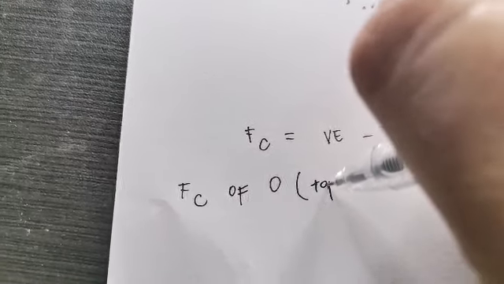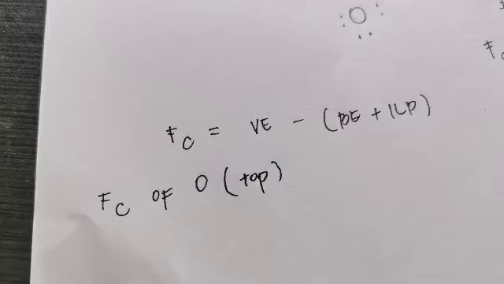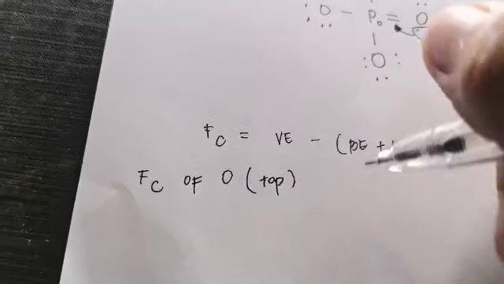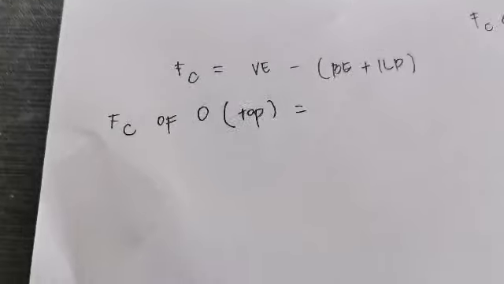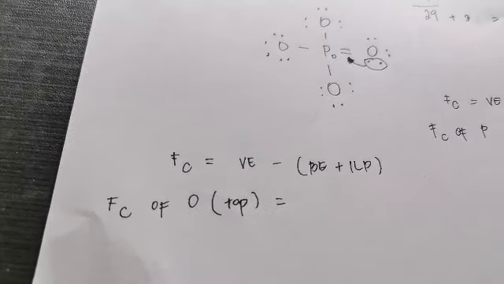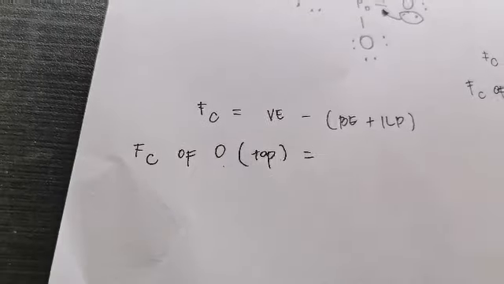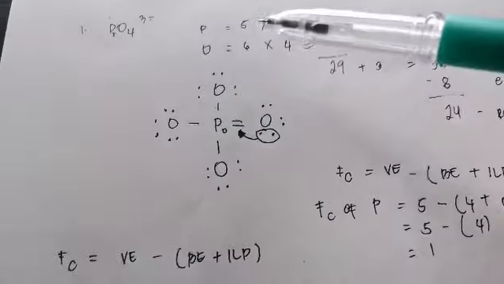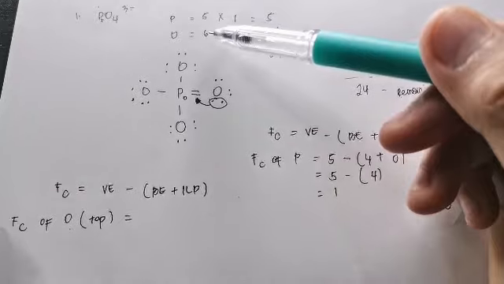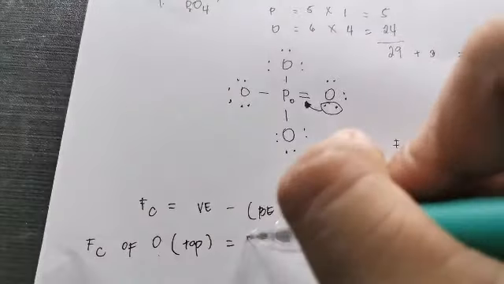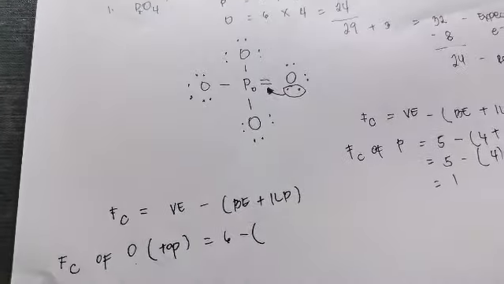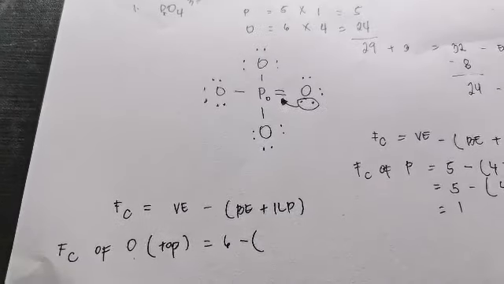Okay, put top there. And then, after putting top, you are going to create an equal sign and going back to the valence electron of what element again? Oxygen. So, what is the valence electron of oxygen? You have here 6. So, write 6. Minus how many bonded electrons do you have?